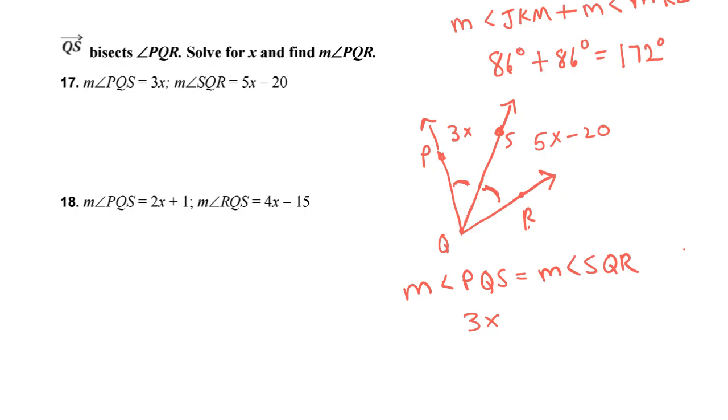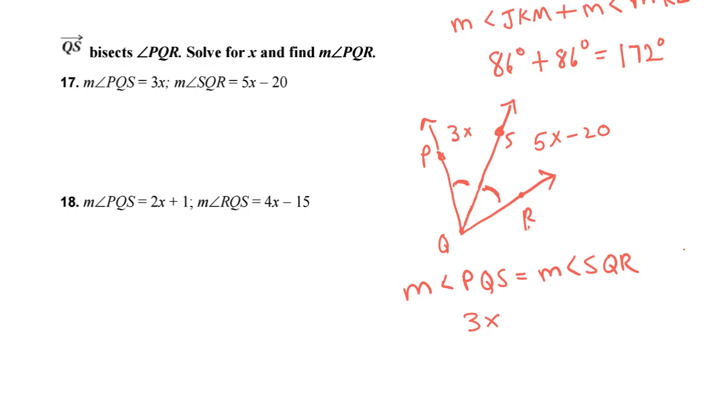Okay, I started without recording, so I'm going to go ahead and go through it again. So we have the measurement of angle PQS, and what I did is I drew an angle PQR, and then I have a bisector, which is ray QS. So we notice that the two smaller angles are congruent.